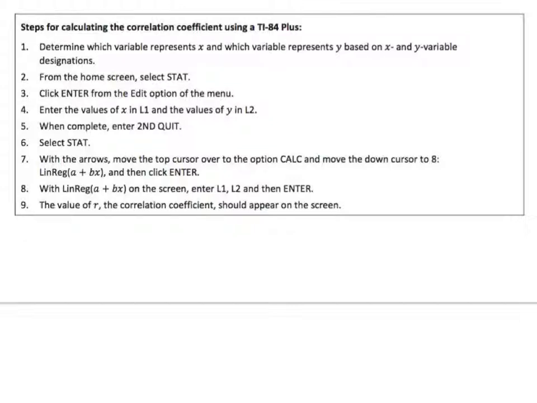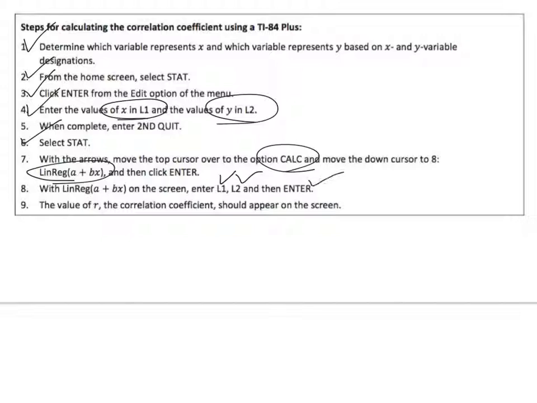Steps for calculating. We've actually already done this, so let's read through it. Determine which variable represents X and Y. Put it into list 1 and list 2, X in list 1, Y in list 2. Select stat, calc, linear regression, L1, L2, enter.